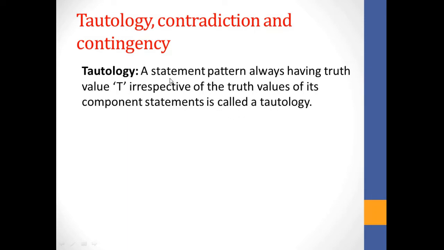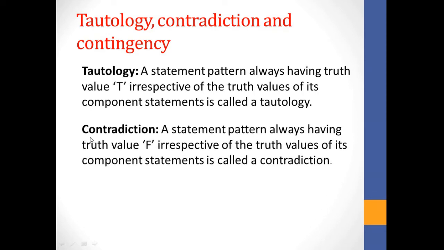That means what? If any statement pattern is given to you and if you prepare the truth table of it, and in the last column if you get all the entries T means true, then that statement pattern is called as tautology.